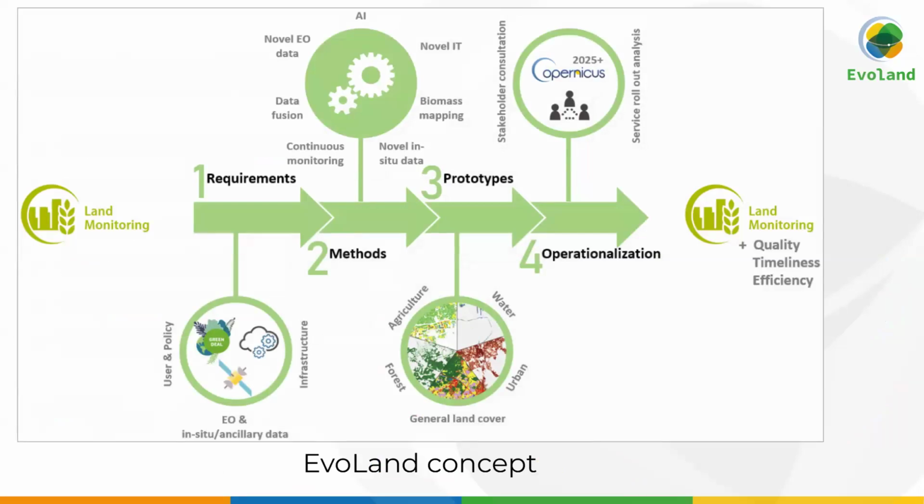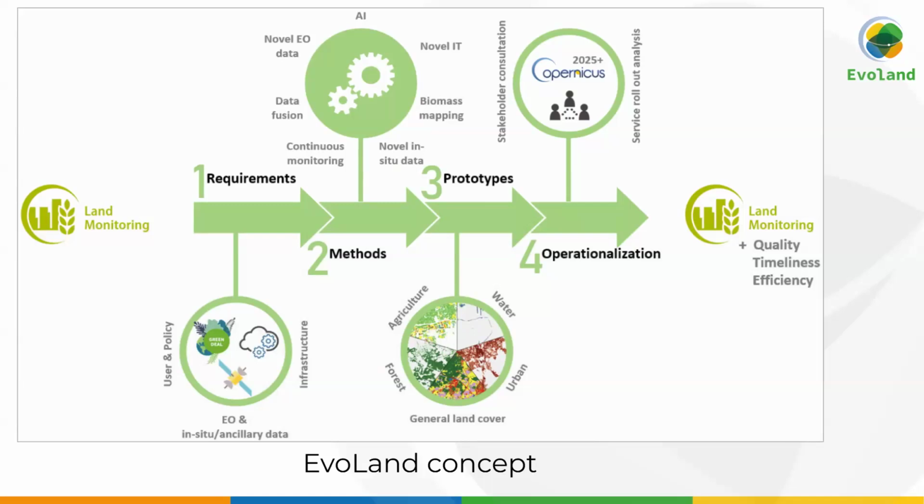Within the requirements, we started very early at the beginning, connecting with different stakeholders from user and policy to get to know what their requirements would be, what they would need from products to be able to make their decisions. But then also with the methods and prototype developers to ask them what are their needs on the infrastructure to create such products, and what data sets, in situ and EO data and ancillary data, do they need.